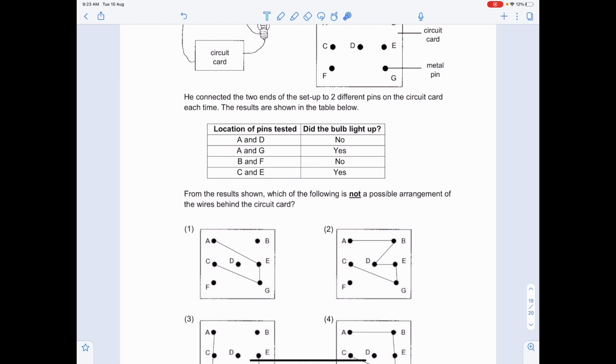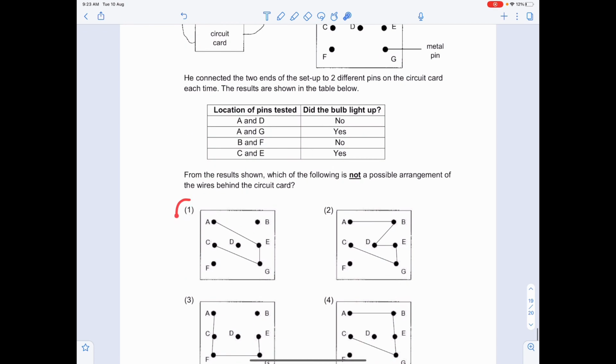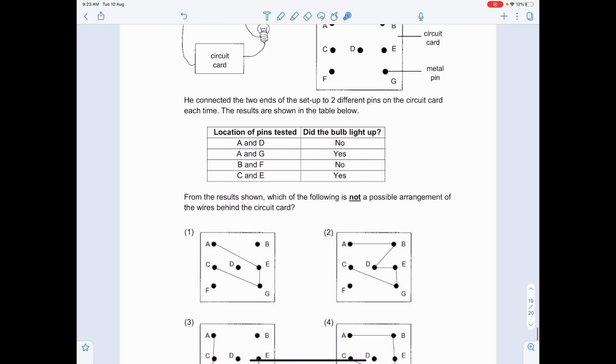To make things simple, I'm just going to start off with number 1. Remember, you have essentially a light bulb, and you're going to connect this light bulb. They say that if you connect A and D, the light bulb did not light up. Is this true? Yes. Why? Because if we look, there is a gap over here.